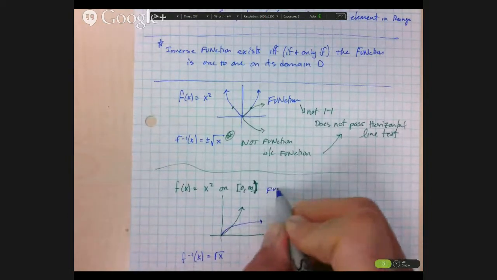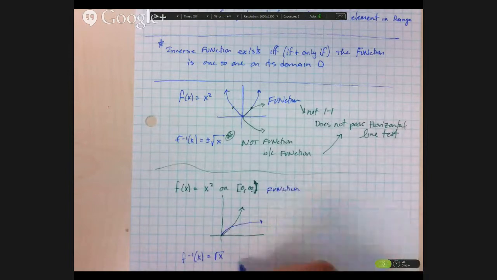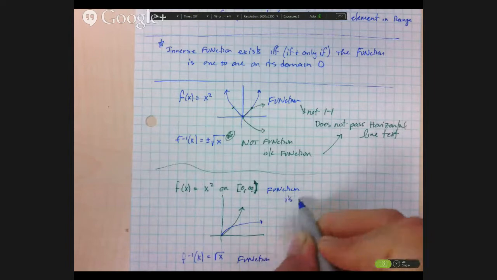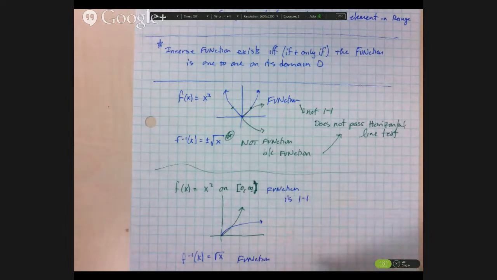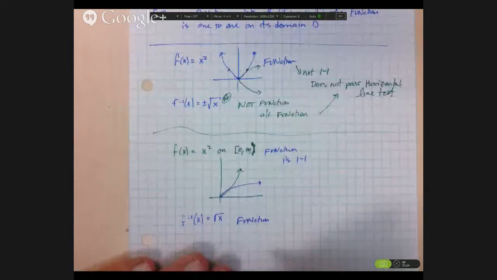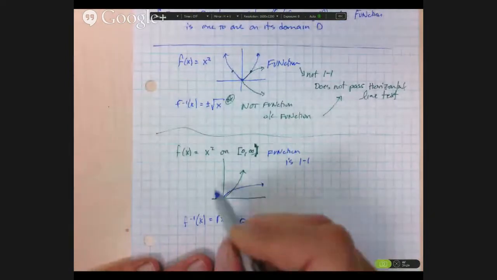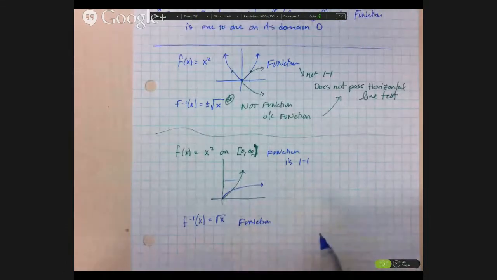This is fun, because this is one-to-one. Therefore, this has to be a function. Both pass the vertical and the horizontal line tests. We can go both directions.